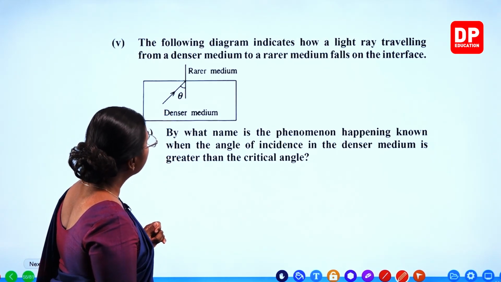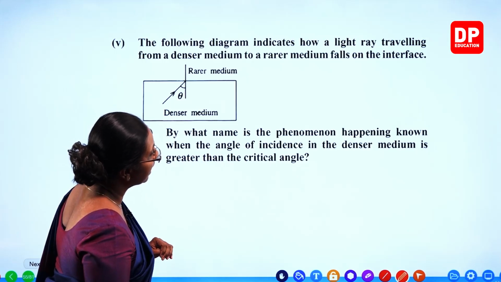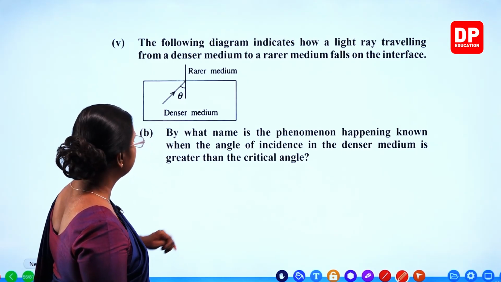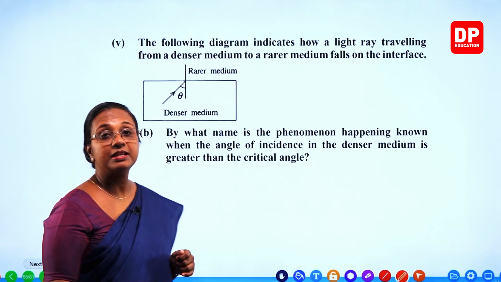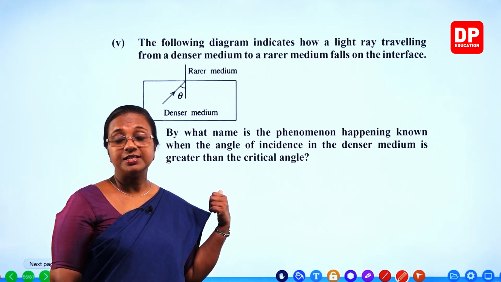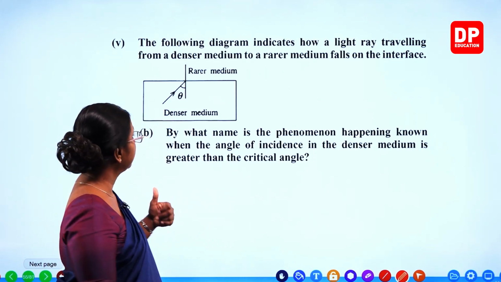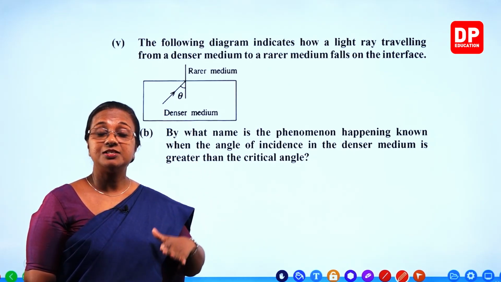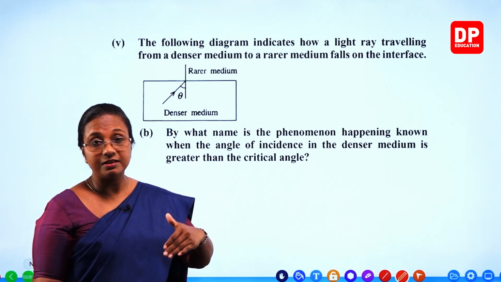Part B. By what name is the phenomenon happening known when the angle of incidence in the denser medium is greater than the critical angle? I explained to you all in the previous question itself, when the angle of incidence is greater than the critical angle, the light ray does not refract, instead it reflects.